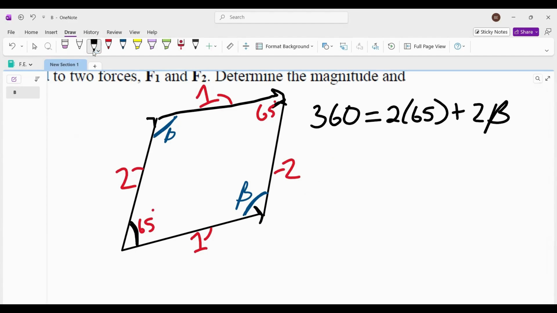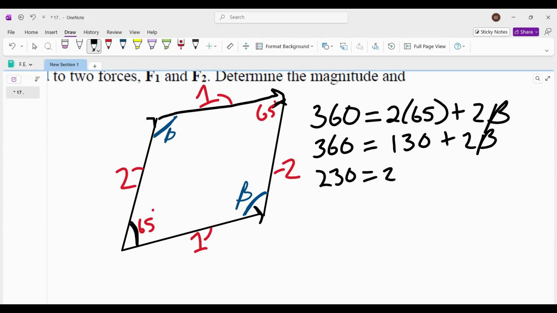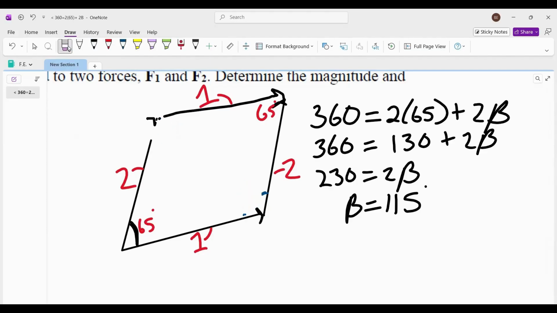So 2 times 65 is 130, plus 2 beta. 360 minus 130 is 230. And then 230 divided by 2, that means each beta equals 115 degrees. So these angles right here both equal 115 degrees.